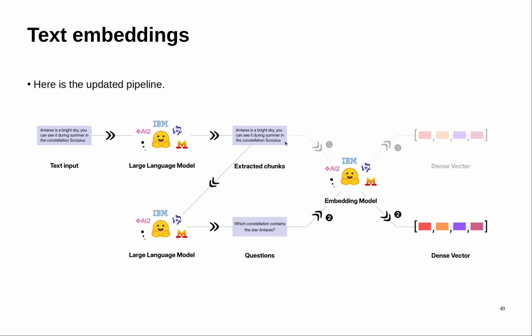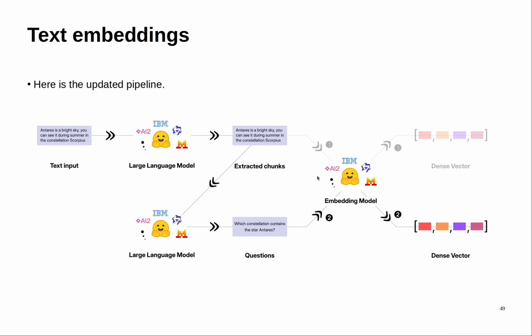Next, we send the extracted chunks to another language model to generate questions that can be answered using those chunks. This is what we did in the previous video. We then pass those questions to the embedding model to get another list of dense vectors, which again we will store for later use in the next video. So this is the pipeline, and in this video we are going to work on this step.